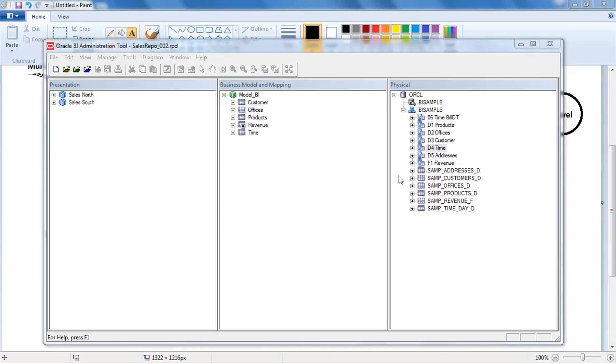OBIEE supports multiple sources. It's not that it has to be a multidimensional source, but internally what OBIEE does is convert the data from a normal source to a multidimensional source. That's what we do in the BMM layer, where we give this multidimensional structure to OBIEE.